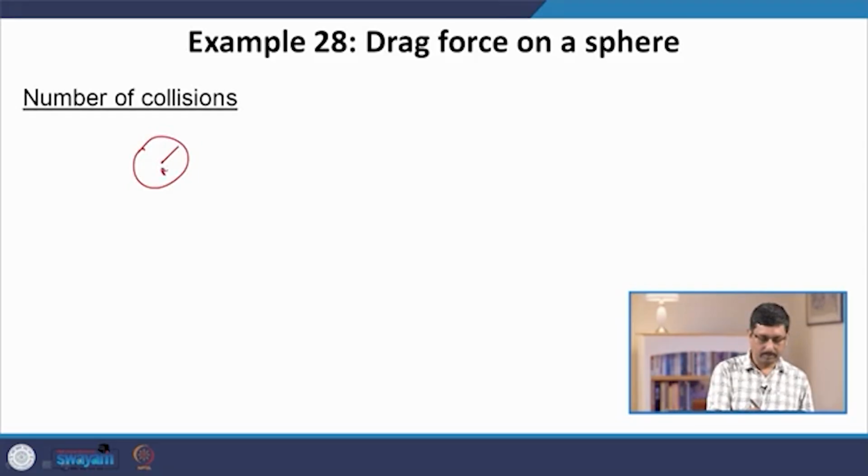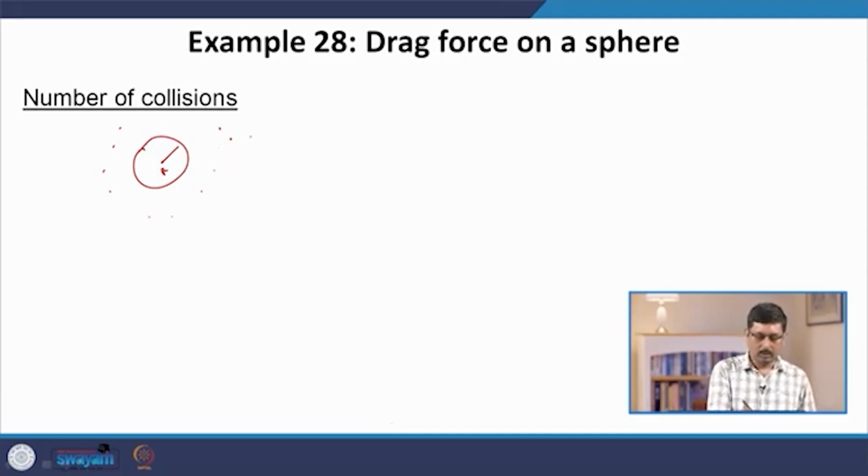Now, there are a lot of particles inside this fluid and they are hitting the sphere from all sides. So, the sphere is moving to the right with a speed v, which means if you are sitting on the sphere, the particles are approaching the sphere with some speed v.